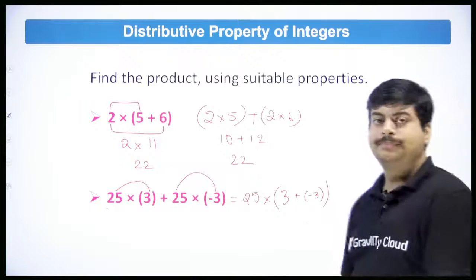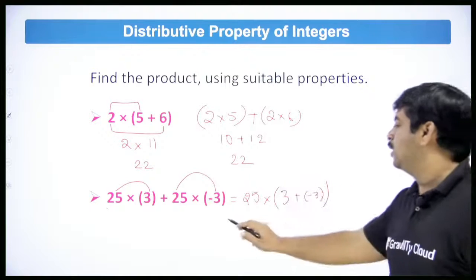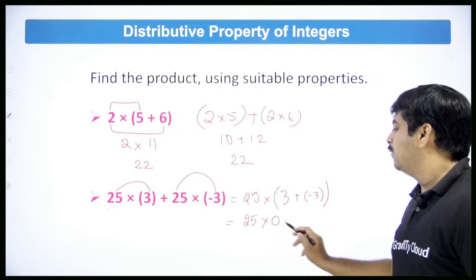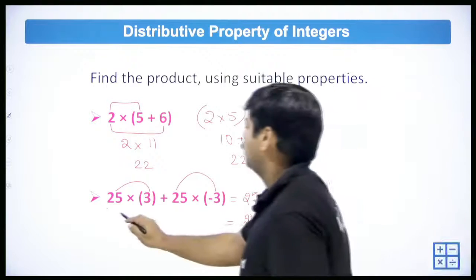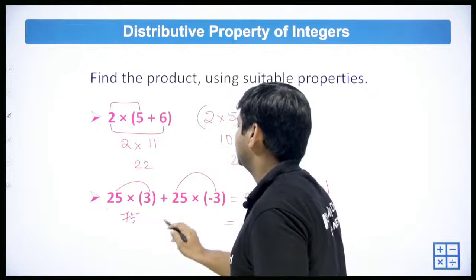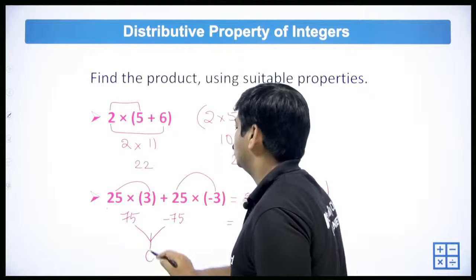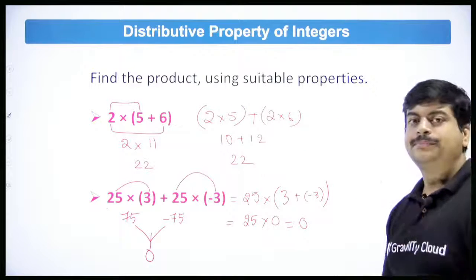So what is 3 minus 3? 3 minus 3 is 0, so 25 into 0, that will give you the answer as 0. 25 into 3 is 75, 25 into minus 3 is minus 75. So these two will make the sum equal to 0, understand?